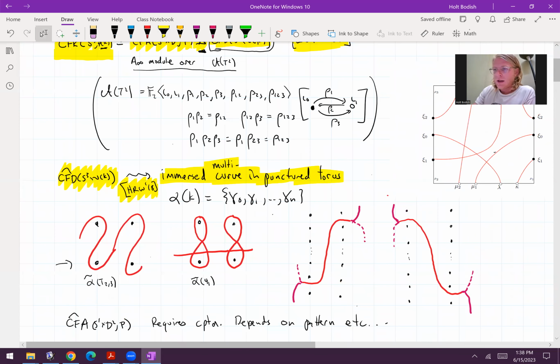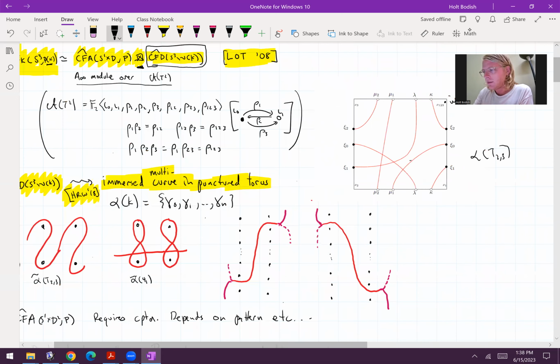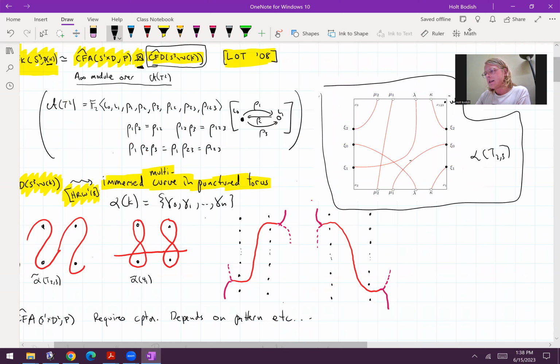So on the right here, I have an example of an immersed multi-curve for the trefoil complement as drawn in the punctured torus. The base point W is up in the top right corner, and these red arcs are the immersed curve.